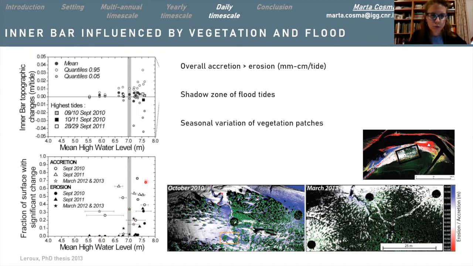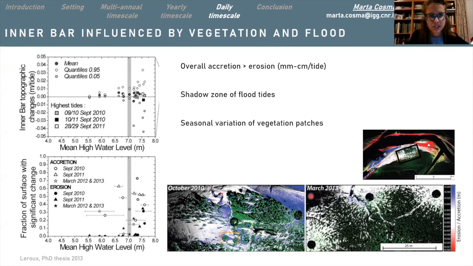So there is a really huge variability in these patterns. And we can understand why by looking at the plan view of the study meander. Here you can see the channel, the outer bank, the salt marshes with the pioneer vegetation, and the inner bar, which is located here, and the floods come from here.